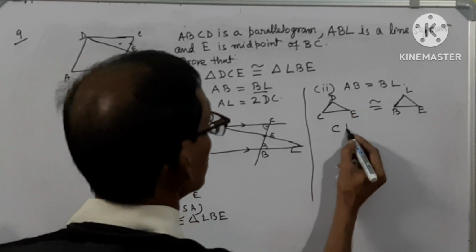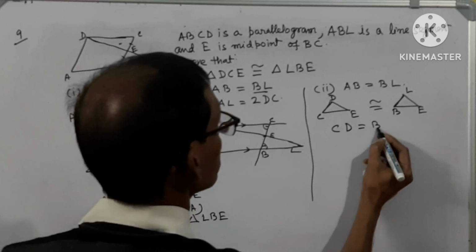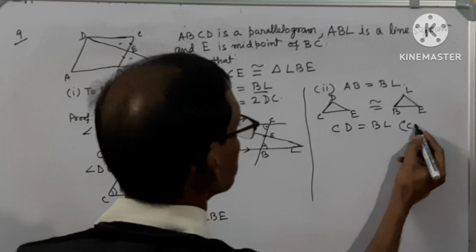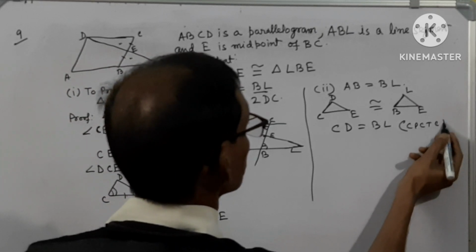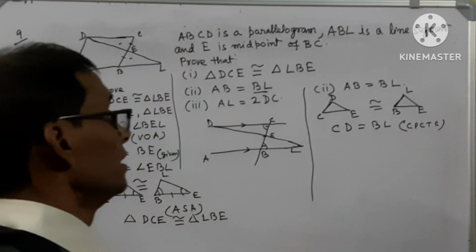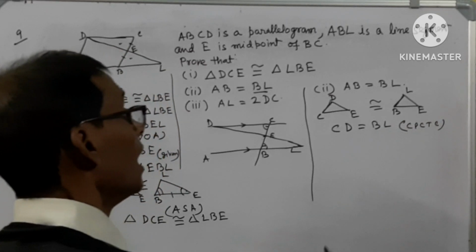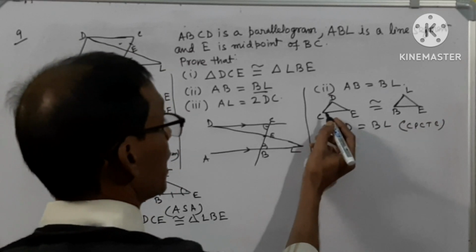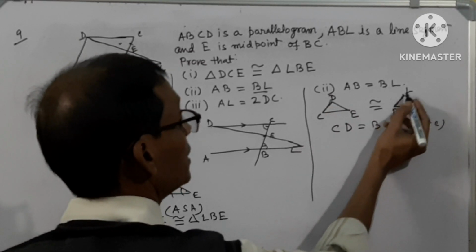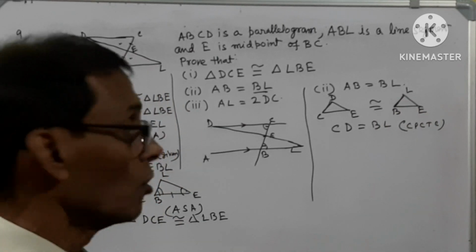So CD equals BL, by CPCTC, because DCE and LBE are congruent, so CD and BL are also congruent.